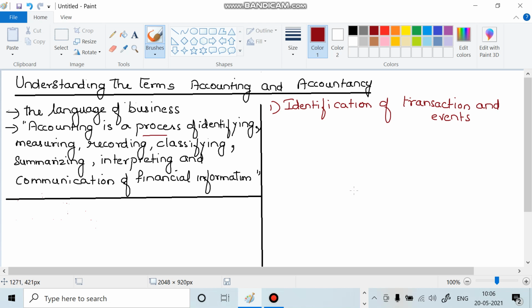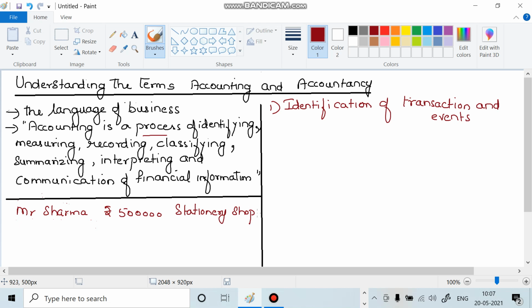Now for understanding this, let us take an example. Say Mr. Sharma has 5 lakh rupees in his hand. He wants to start a stationery shop where he is going to buy the stationery from the wholesaler, keep it in his retail shop and sell it to customers like you and me who need stationery.